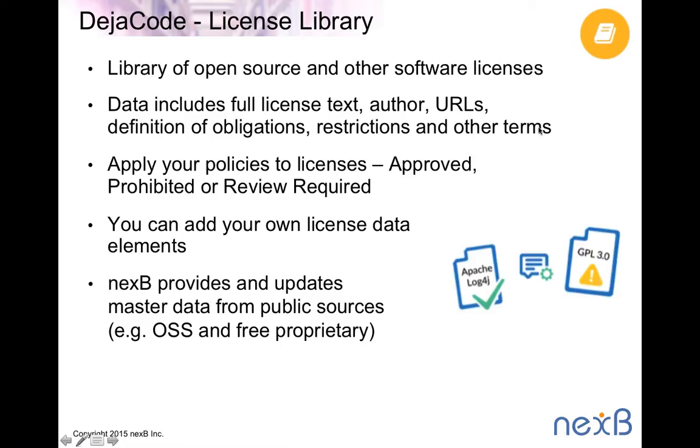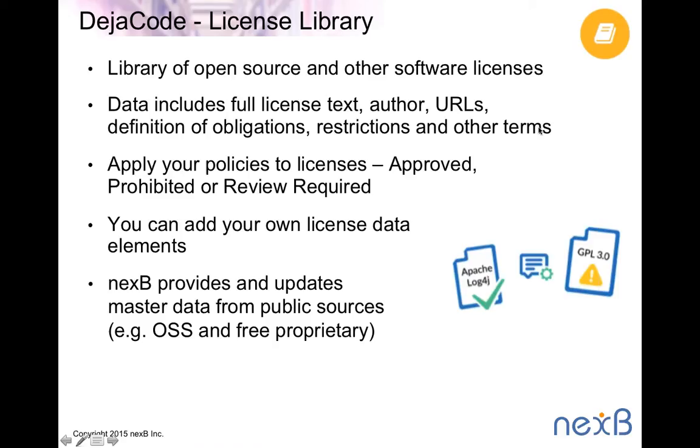The license library, which is the last module of DejaCode, is really about 900 plus software licenses that we have heavily curated. So you can have access to every license's obligation right away with a full metadata listing, and you can apply your policy on licenses as well.